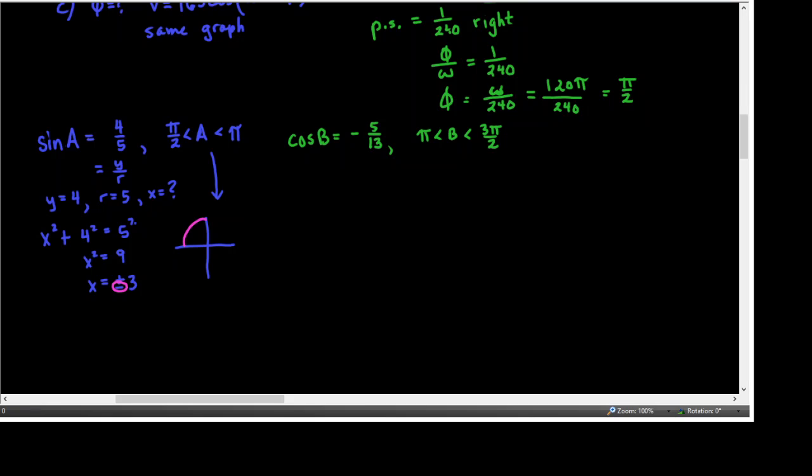So that means that x is negative 3. So that means that the cosine of a, which is always x over r, is negative 3 over 5. Okay, I'd like for you to do the same thing and see if you can figure out sine of b all by yourself. Pause the recording and come back.